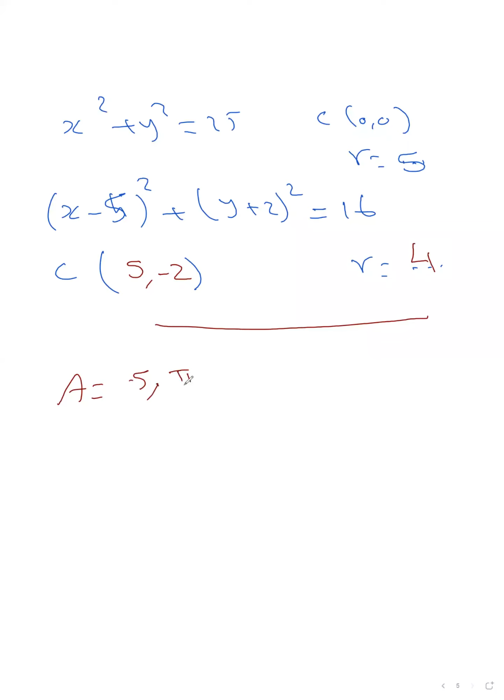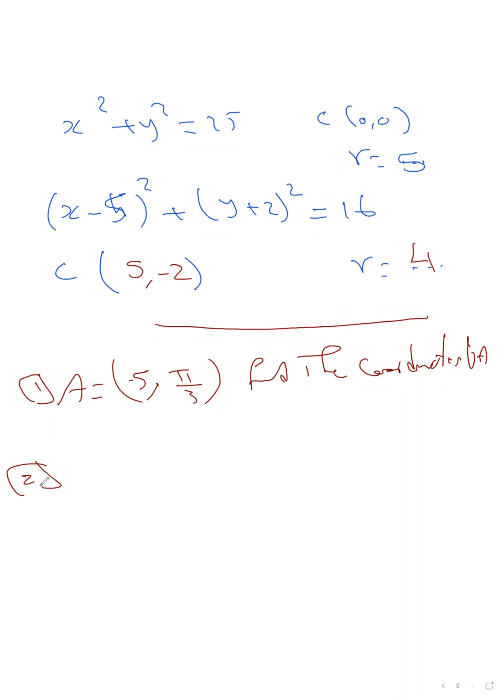Number 1: 5 and pi over 3. Find the rectangular coordinates of A. Number 2: x plus 7 all squared plus y plus 4 squared equals 36.